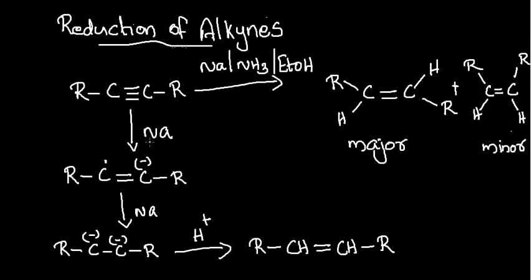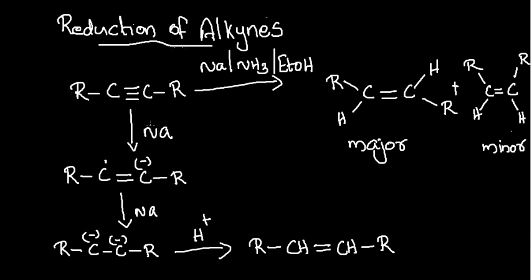Consider the mechanism of alkyne reduction. An alkyne treated with sodium transfers one electron to one carbon and it will convert it into a 1,2 radical anion. Here one bond will be homolyzed and converted into one radical present on one carbon and another electron present on another carbon.